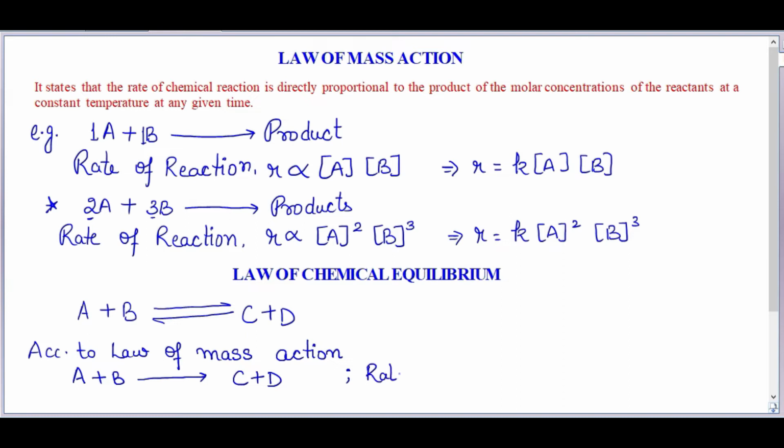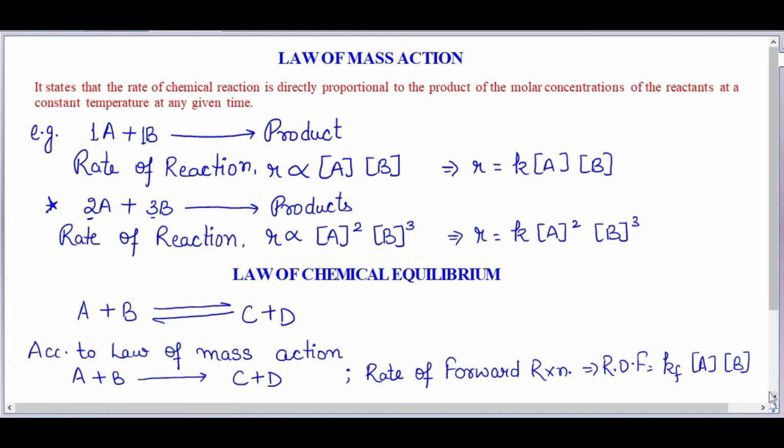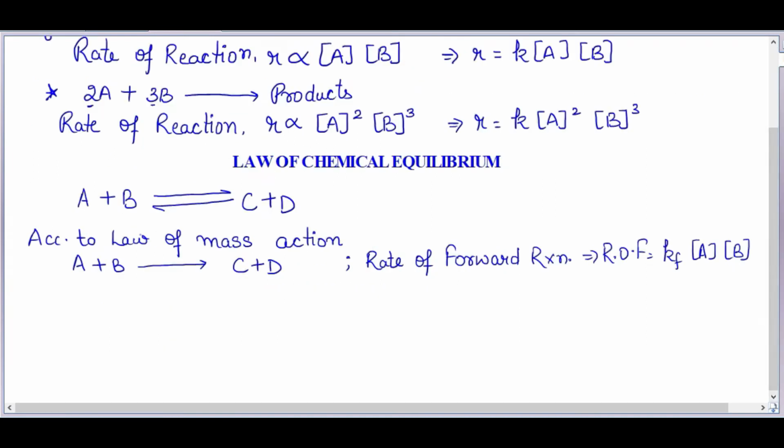So the rate of forward reaction, ROF, equals Kf, where Kf is the rate constant for the forward reaction, into the molar concentration of A into the molar concentration of B. Now if I take the backward reaction, in that case C plus D will act as reactant and A plus B will act as product.